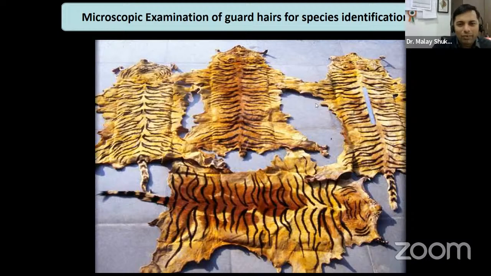So how to identify? Everybody has seen a tiger, and you might have observed that the stripe pattern in tigers is asymmetrical in a natural population. Whereas here you can see the stripe patterns are almost symmetrical. Someone has painted that with a dye material. I have a video of this kind of skin as well, how they prepare it, right? Using turmeric and other chemicals they treat it and then paste with the dye.